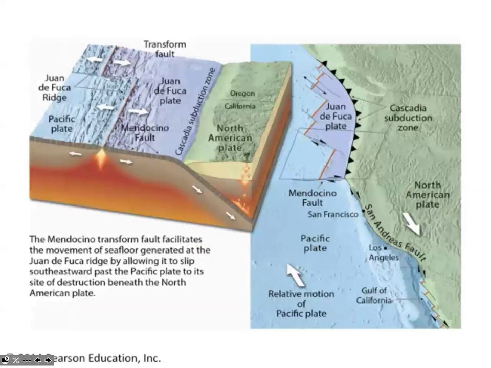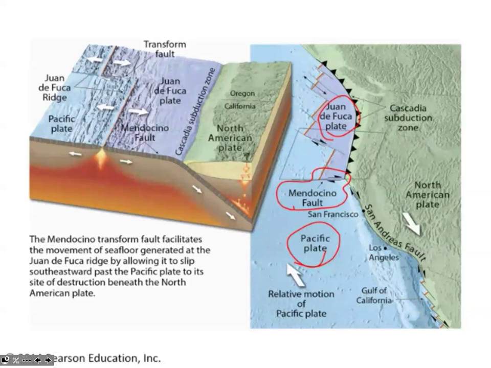Now if we follow the San Andreas Fault up to where it runs offshore at Cape Mendocino, we see that there's another transform fault there, and this one is within the oceanic lithosphere, separating the Pacific Plate from the Juan de Fuca Plate. The Juan de Fuca Plate is a very small plate between the North American Plate and the Pacific Plate. So we're zooming in here on the Mendocino Fault in this central segment.